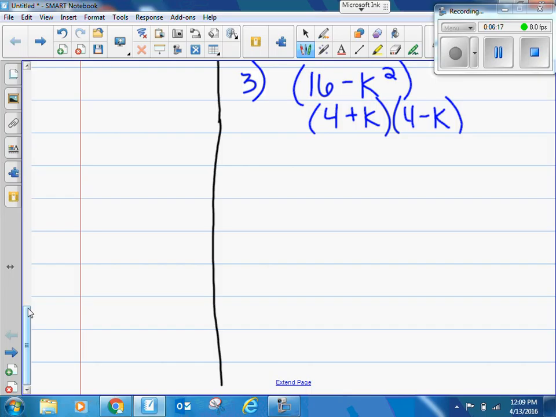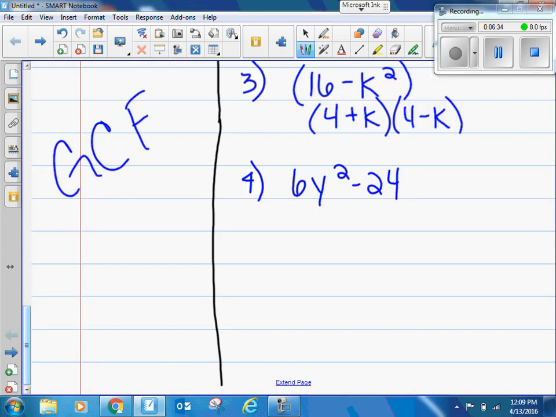Let's say we have 6y squared minus 24. Well, 6 isn't a perfect square, neither is 24. So how are we going to factor this? Well, remember, the first thing we have to do is GCF first. I cannot say this enough times.